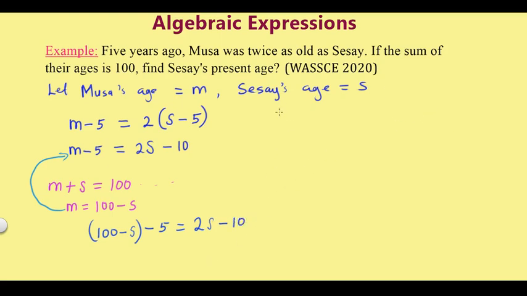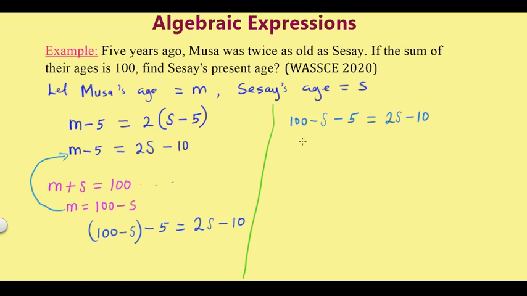So this becomes 100 minus S minus 5 equals 2S minus 10.